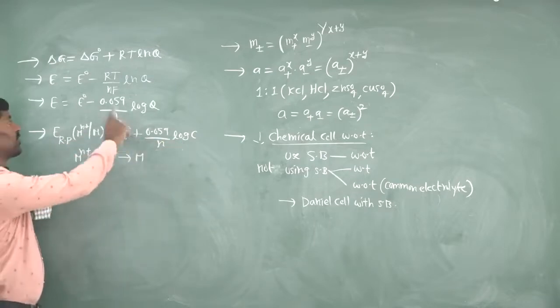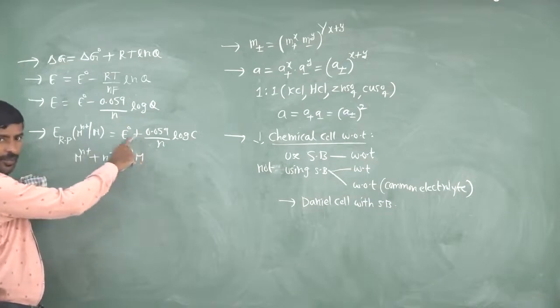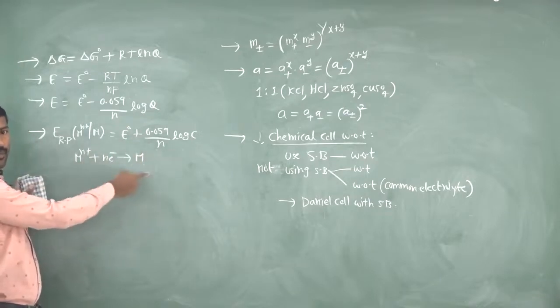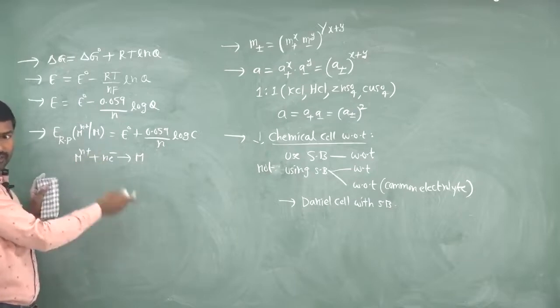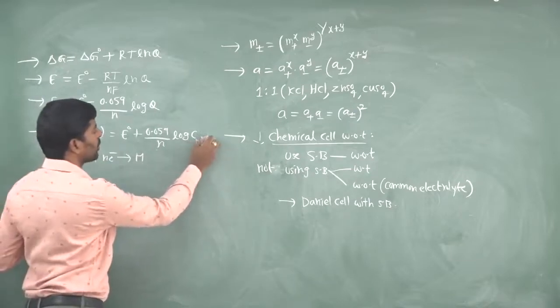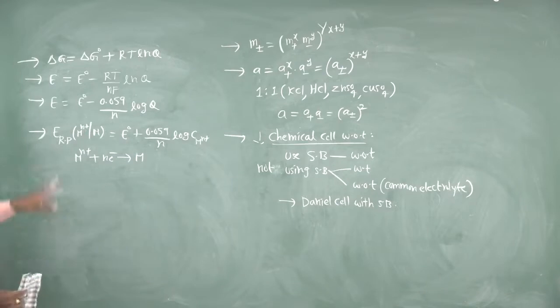But is it product side by reactant side or reactant side by product side? Reactant side by product side. That means concentration of M n plus. So by using this formula, we can calculate the reduction potential of an electrode. If you want oxidation potential, simply we have to change the sign.